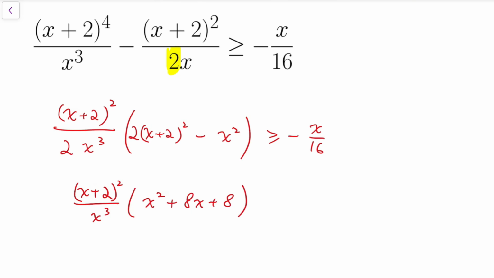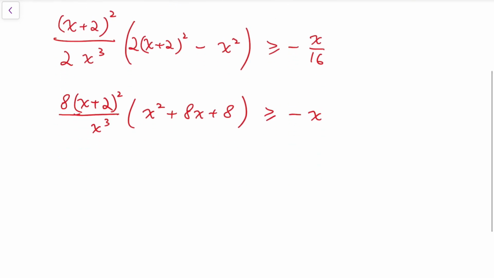And we can at the same time multiply both sides by 16. So for the left, we have 8 times the product, and for the right, we have only minus x.